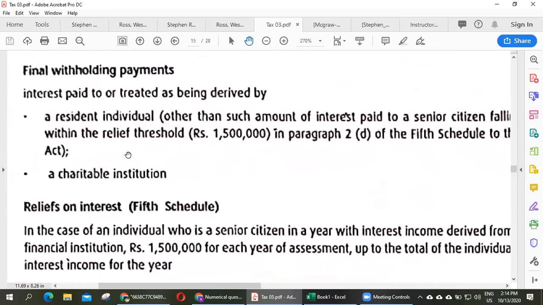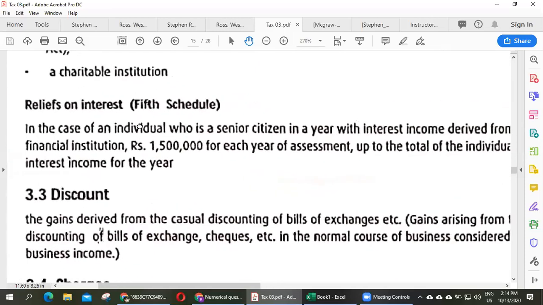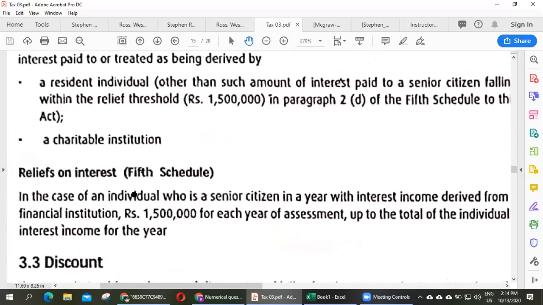Senior citizen. So the age is 59 or 60, right? If the person's age is more than 55 or 60, they can put their money into the bank and get interest.